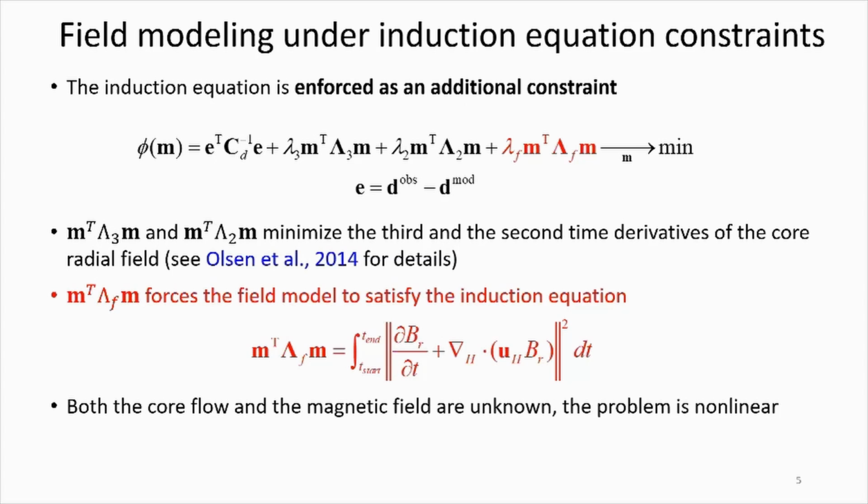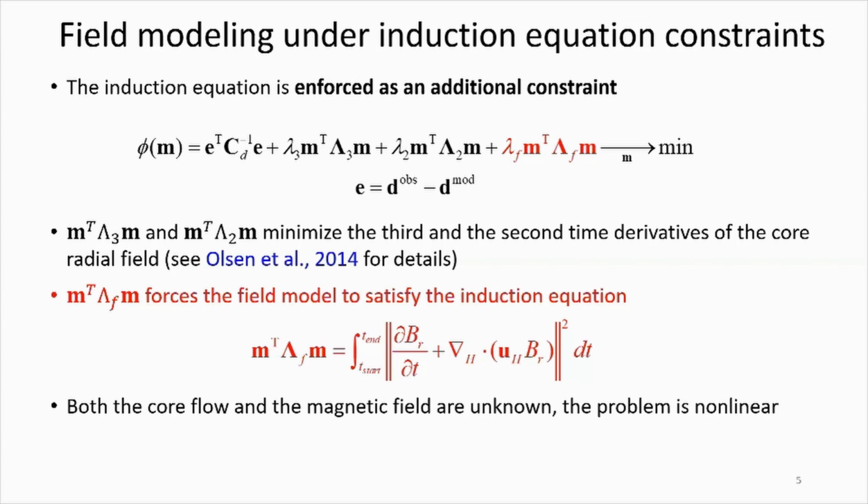There are also two regularization terms which minimize the third and second time derivatives of the core field at the core-mantle boundary. In addition to these regularizations, we also apply another regularization which forces the field model to satisfy the magnetic induction equation. This regularization takes the following form.